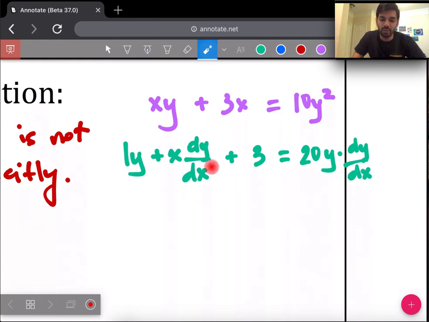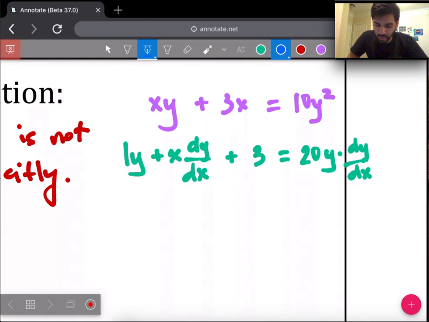So now you notice that I have dy dx on the left and the right side. So what I would continue doing here is, now I need to isolate dy dx and solve this equation for dy dx by moving all of my other terms to the other side. Collect the dy dx terms on one side and move all the other terms to the other side. So this next step, I'm going to move a couple of things around at the same time.